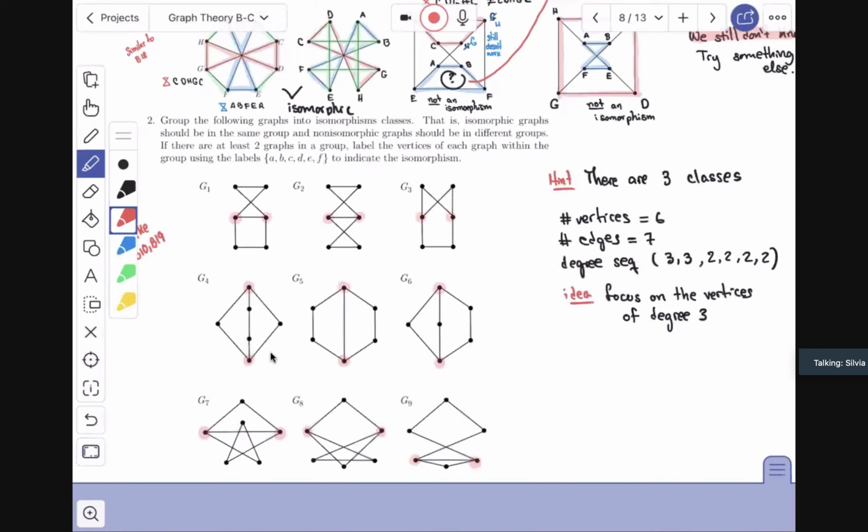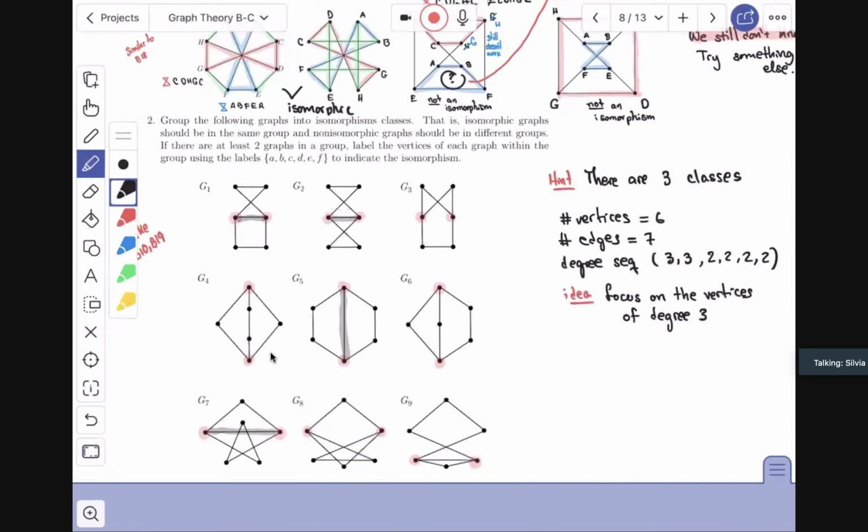For example, you see here, in this graph those 2 vertices are actually adjacent to each other, but not in this one. So this one is definitely not isomorphic to this one. In G5 they are adjacent, not in G6.